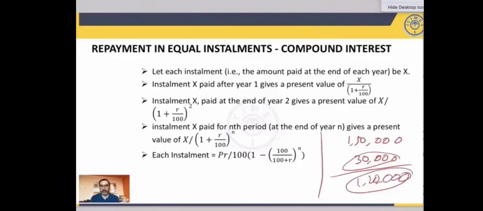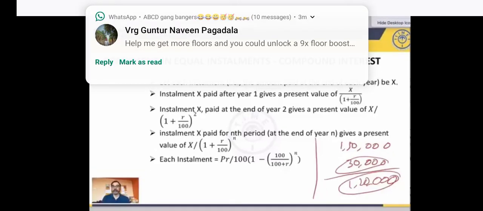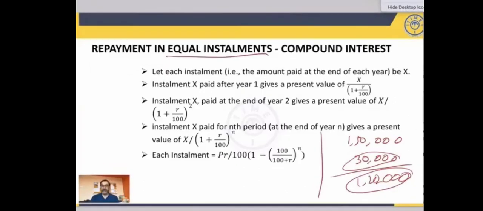Obviously interest will be calculated on this. And over a period of time when you are paying it, the amount you pay may be the same in each and every period, or in each and every installment. That's what we are talking about, equal installments. Now let us say there is no interest and you have a time period of 12 months.